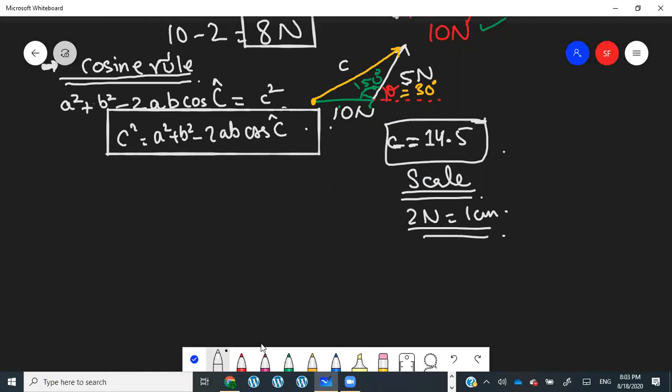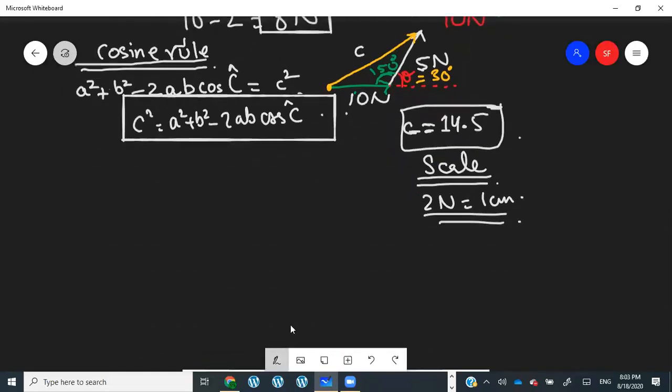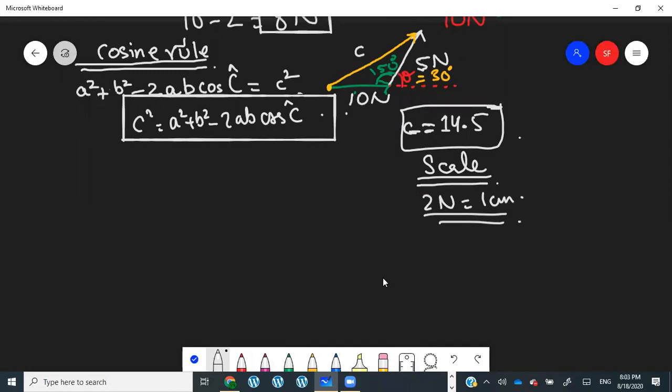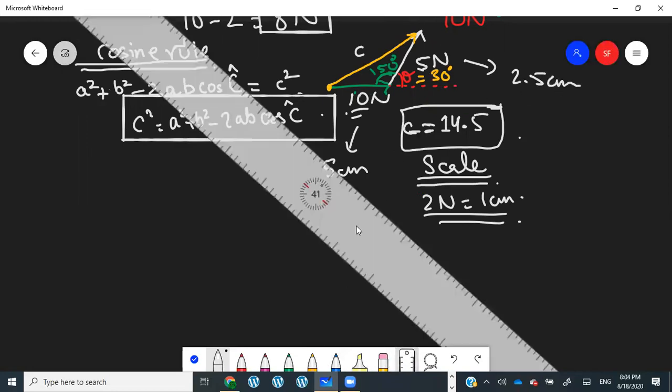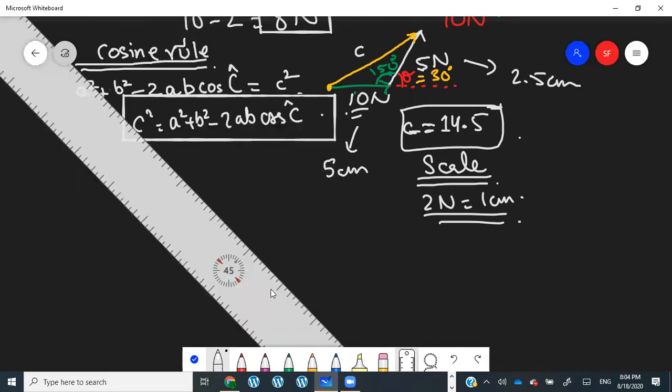So this means that 10 Newtons will be x, and then cross multiply. Exactly. So for the 10 Newton, we'll need 5 centimeters using the cross multiply method. And for the 5 Newton, we'll need 2.5 centimeters, correct? Right. Okay, so once you've got this, you're gonna use your scale.